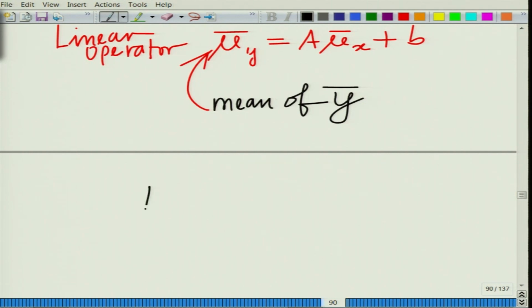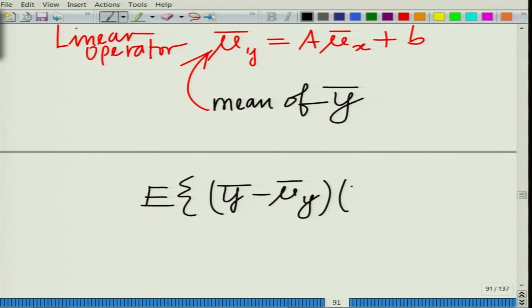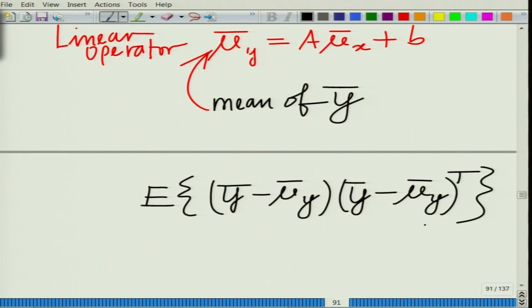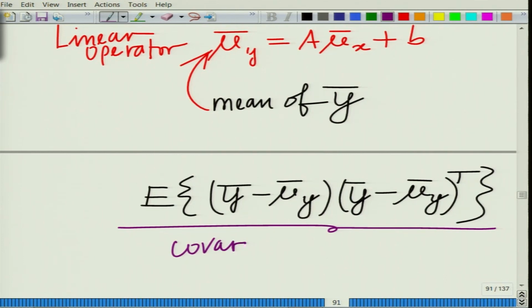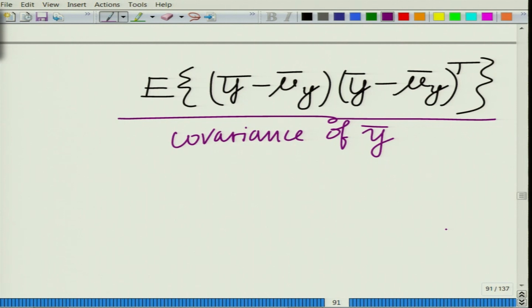Next, we come to the covariance, that is what is the expected value of y bar minus mu bar y into y bar minus mu bar y transpose. This is the covariance matrix of y bar. Now, let us substitute for this quantity.